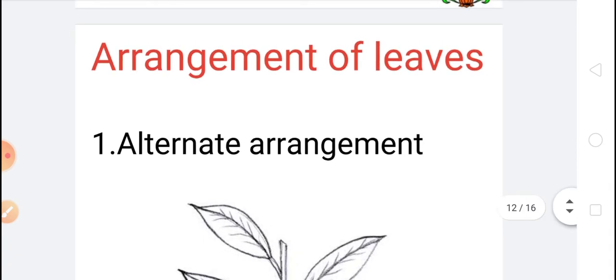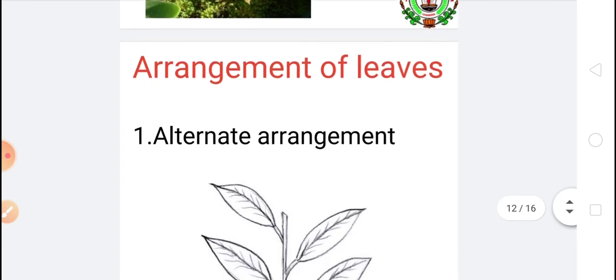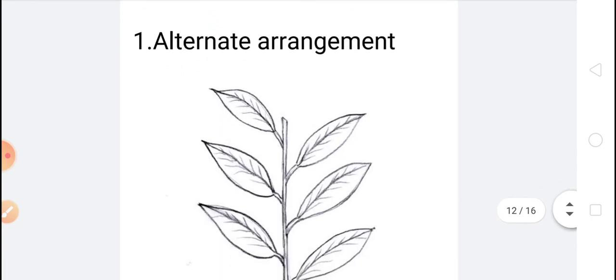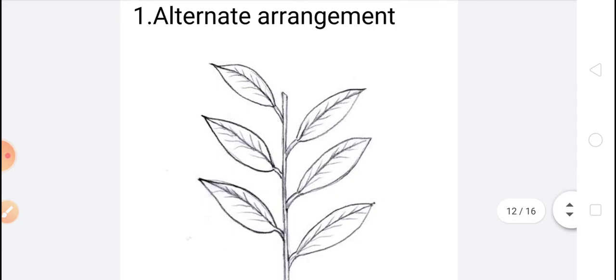Okay, move to the next point, children. Arrangement of leaves. Arrangement of leaves in different plants is different. The first type is arrangement of leaves in alternate form. You can see in the picture, on the stem, the leaves are arranged in an alternate manner. The stem has nodes and internodes.